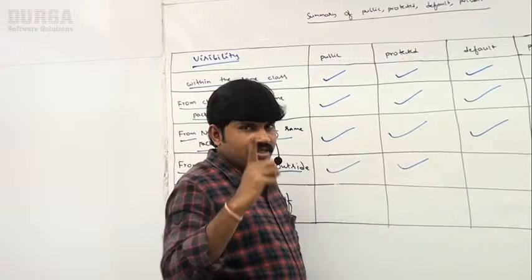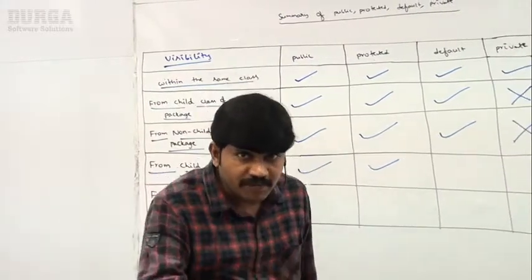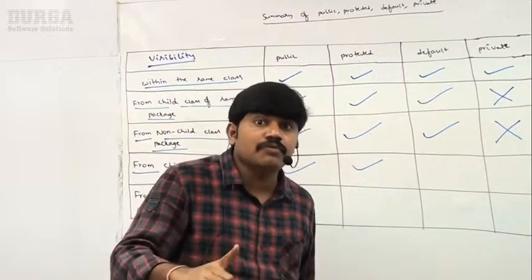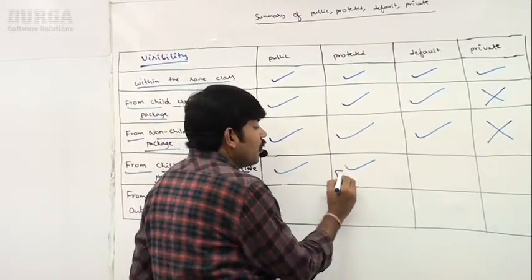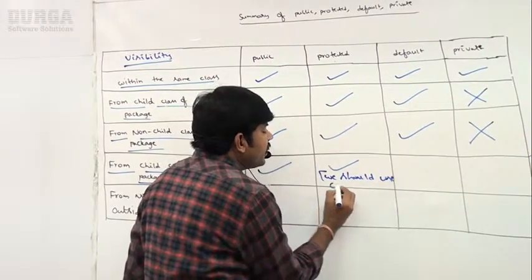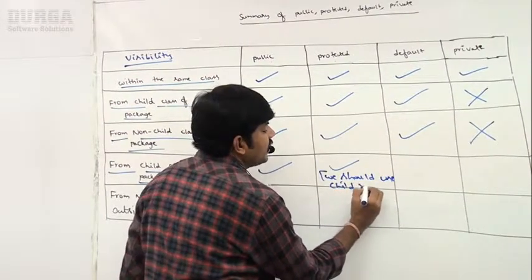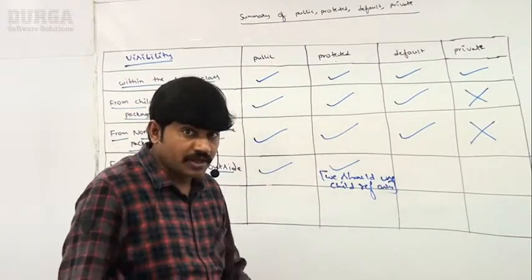But one restriction I told: we can access protected members in a child class from outside package, but compulsorily we should use the child reference only to access protected members from outside of the class.